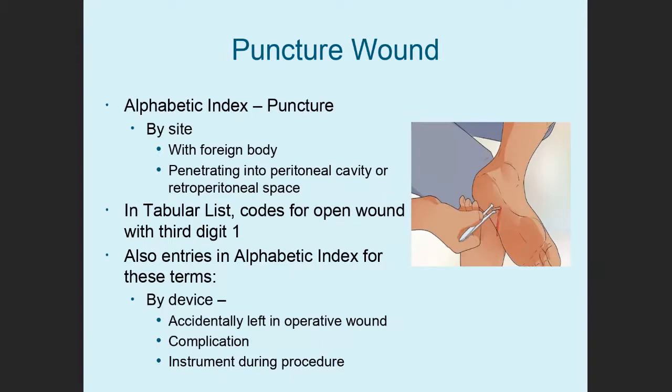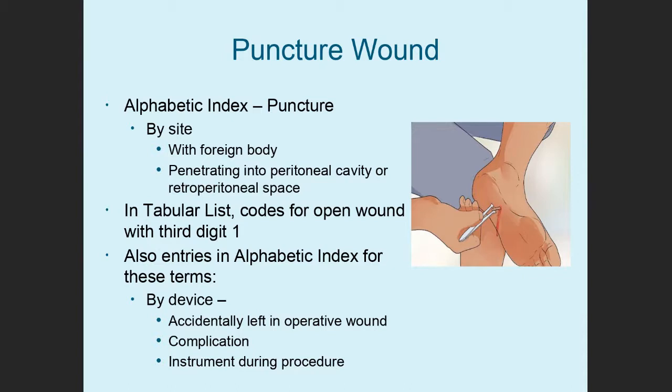A code for a puncture wound is used when a sharp, pointed object penetrates the skin. In the alphabetic index, find puncture and then a site. Under the site designation, there's an indent for foreign body and also for penetrating into peritoneal cavity or retroperitoneal space. So more serious puncture, and there are different codes to indicate that. These codes are included with open wounds in the tabular list.